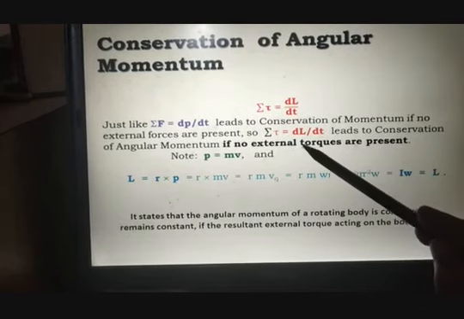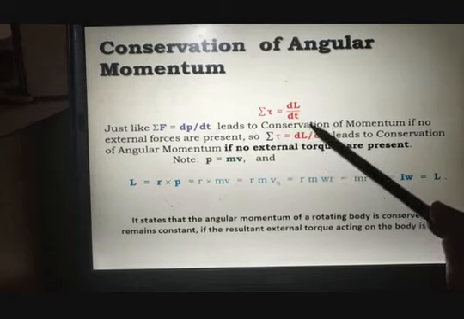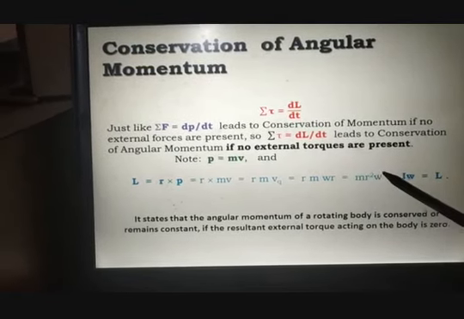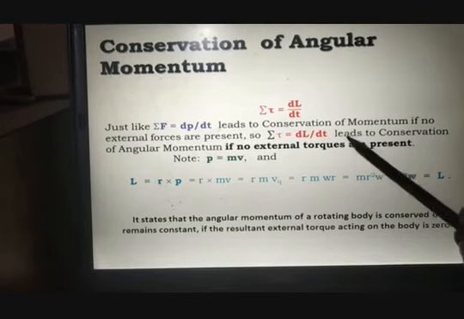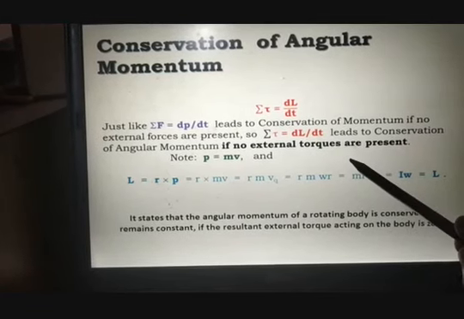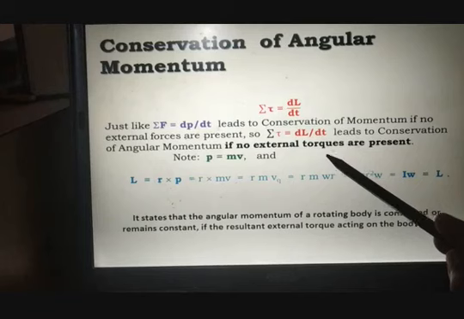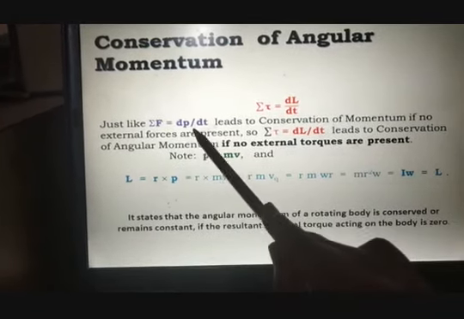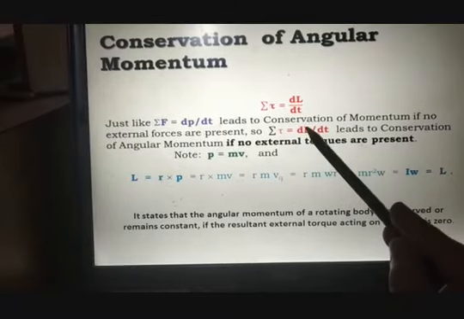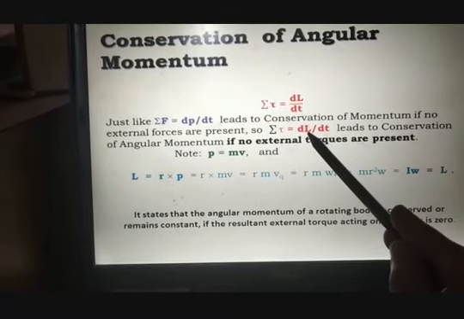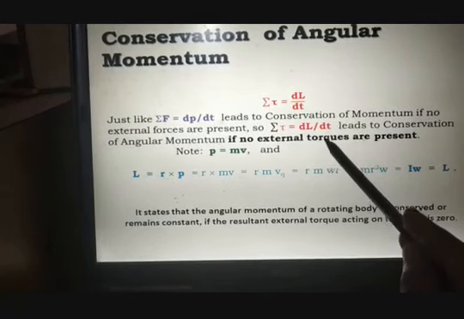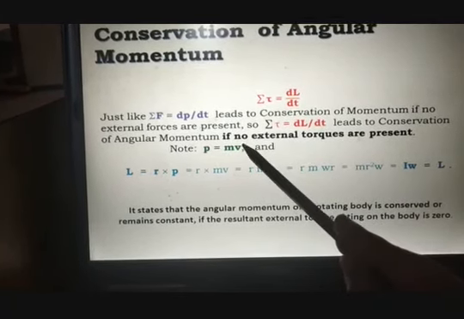Similarly, there is conservation of angular momentum, which is related to rotating bodies. As it is related to rotating bodies, instead of force there will be the term torque, and linear momentum will be represented by angular momentum L. So tau is equal to dL by dt leads to conservation of angular momentum.